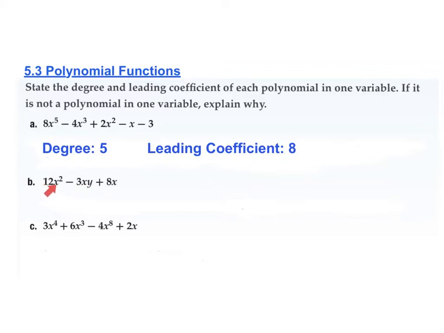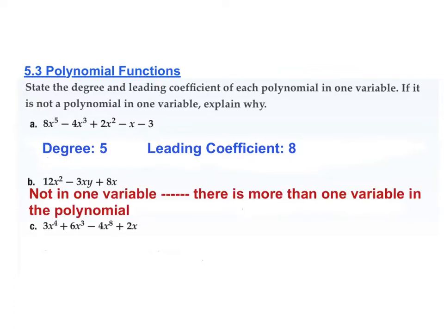No, because I have an x, and I have an x and a y here. So while this may be a polynomial, it is not a polynomial in one variable, and all you have to do is say that. Not in one variable, there's more than one variable in the polynomial. That's all you have to say when it's not a polynomial in one variable.